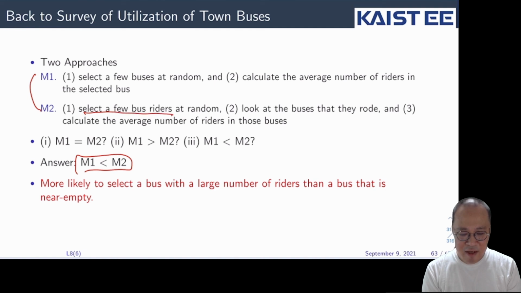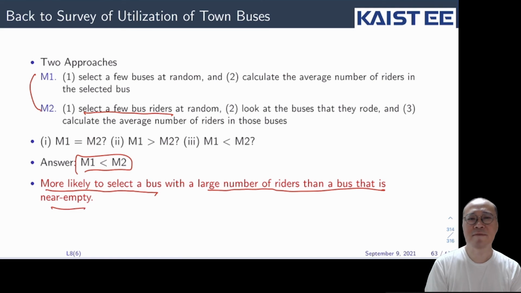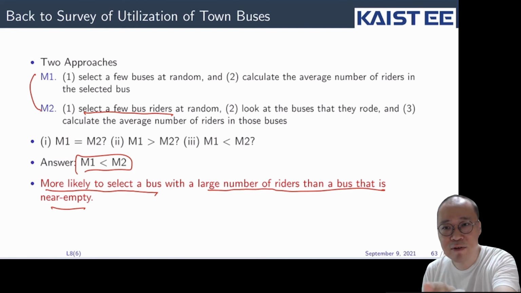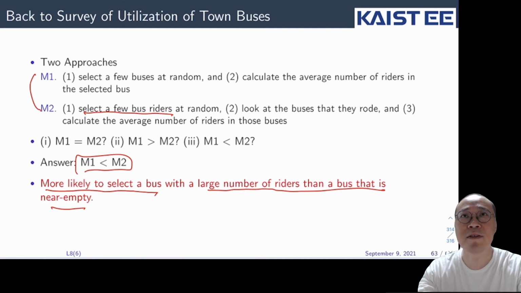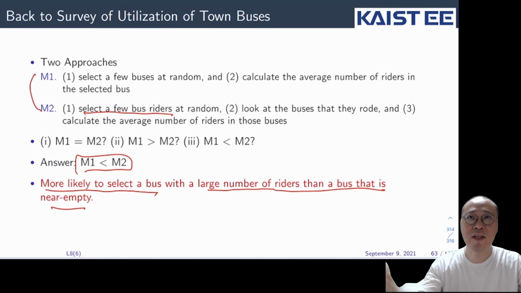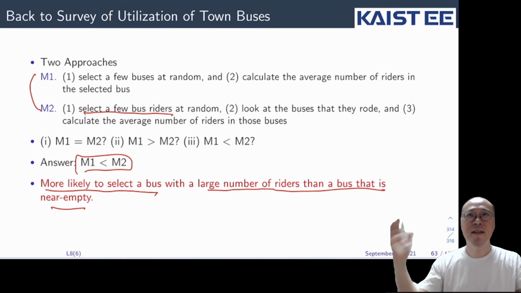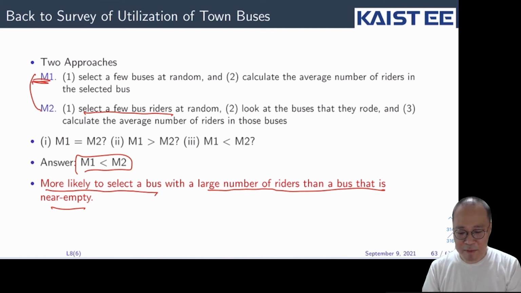Because if we select riders at random first, then obviously it's more likely to select a bus with a large number of riders than a bus that is nearly empty, right? Because we select the riders first and then follow the riders and look at the number of riders in that bus. Then obviously we have a higher chance to select a bus that has more passengers. So the more correct method would be M1. Select a few buses at random first and then calculate the average number of riders.